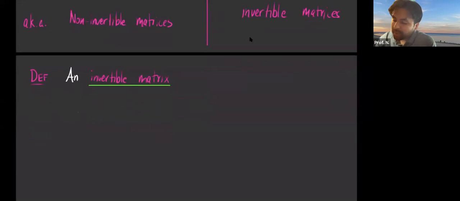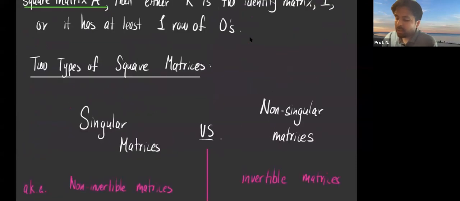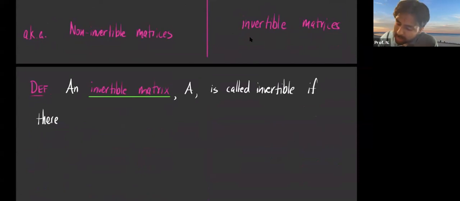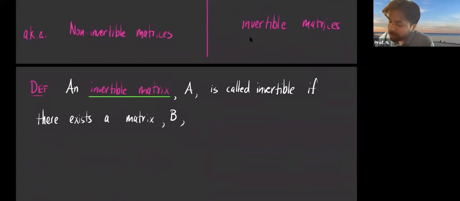So an invertible matrix. I should say, invertible matrices only apply to square matrices. Again, this is only about square matrices. So a matrix A is called invertible if there exists a matrix B. Again, we're only dealing with square matrices, so I'm going to specify this is n by n, and this will also be n by n.